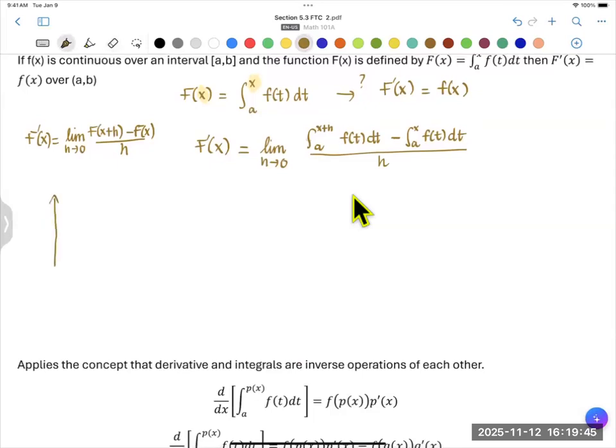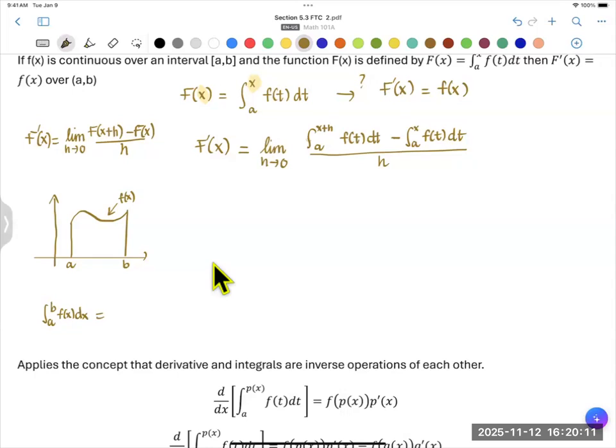The integral is defined by the area under the curve. If this is my f of x, the integral from a to b of f(x) dx is the area under this curve.